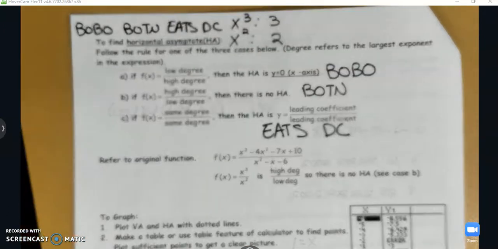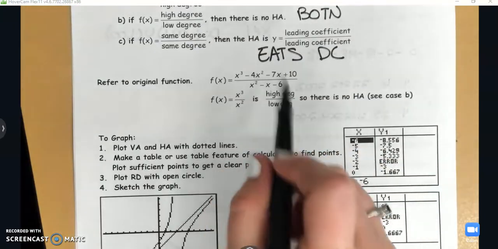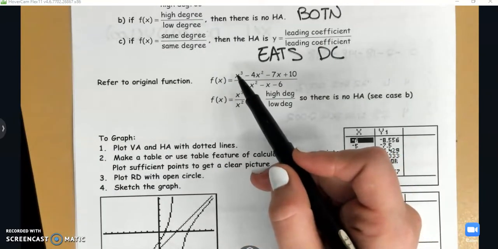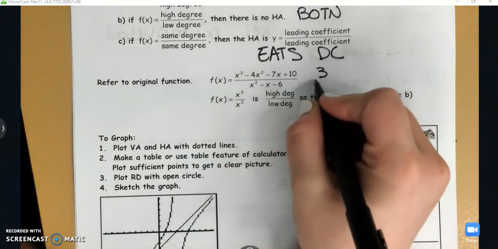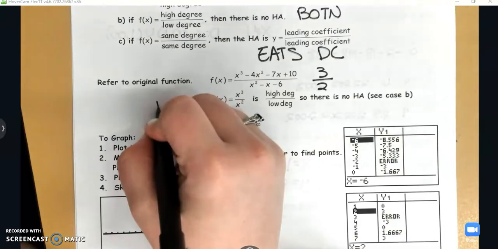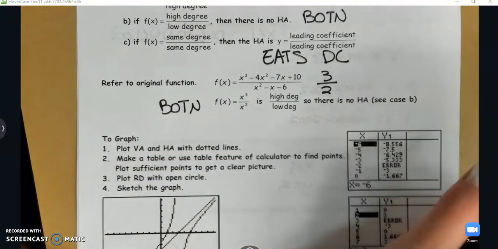Okay, so that's the Bobo Botten eats DC. Now going back to that same example we just talked about for the vertical asymptotes, my degree on the top is 3, my degree on the bottom is 2. It's higher on the top, bigger on top, so this would be Botten, bigger on top, so we have no horizontal asymptote.